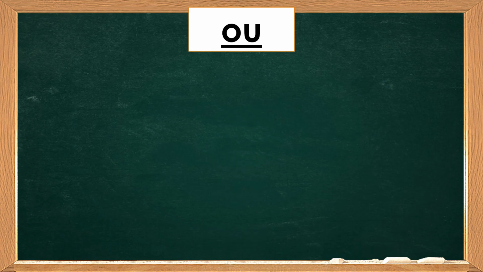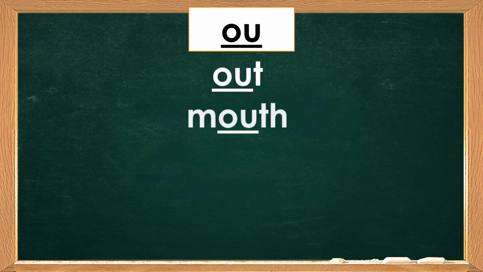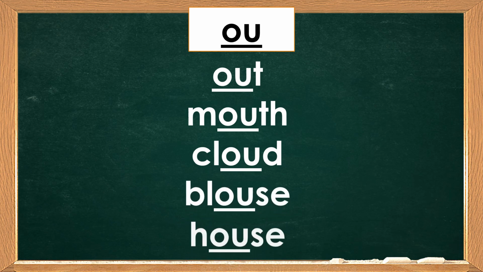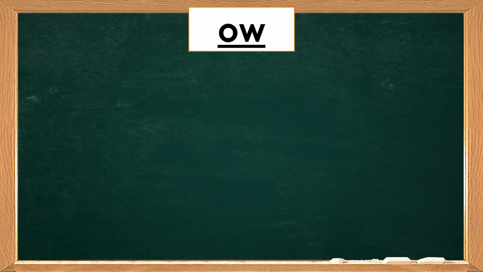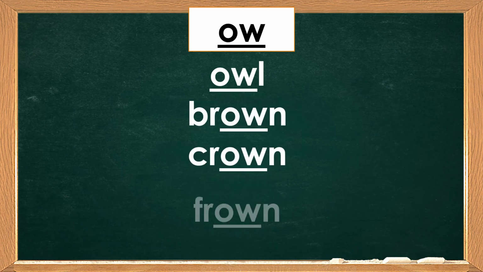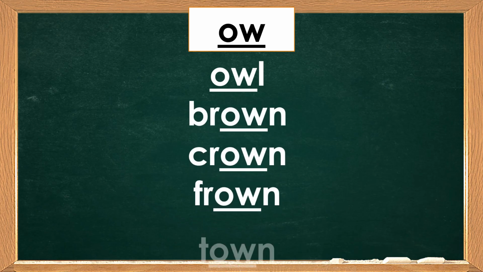OU, which sounded as ow: out, mouth, cloud, blouse, house. OW, which sounded as ow: owl, brown, crown, frown, town.